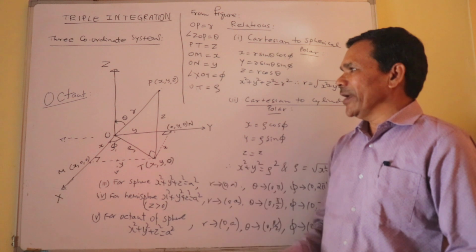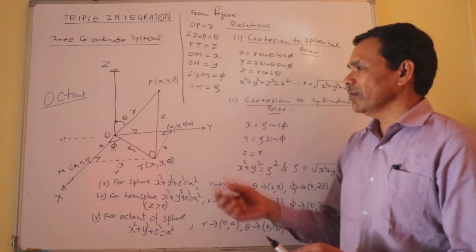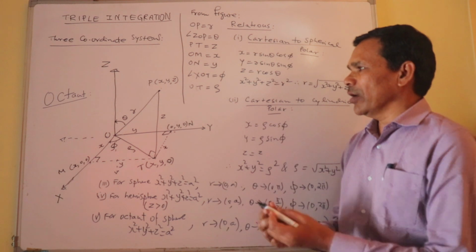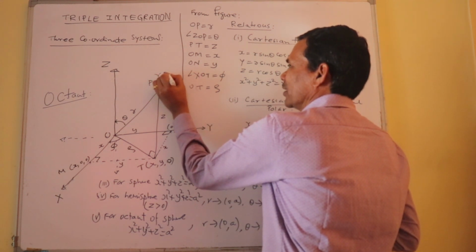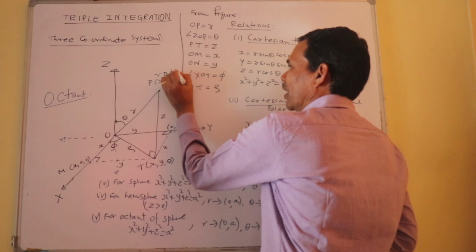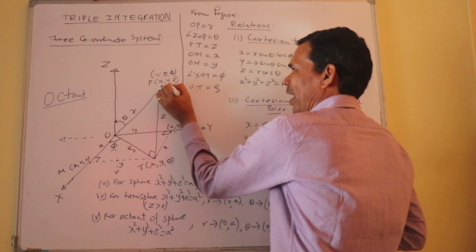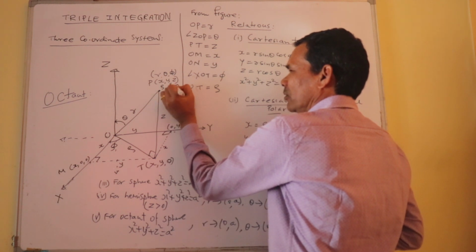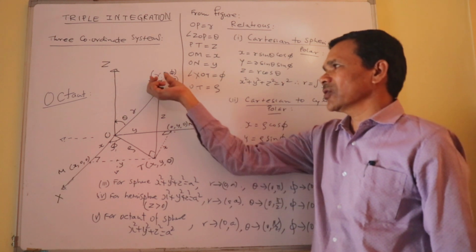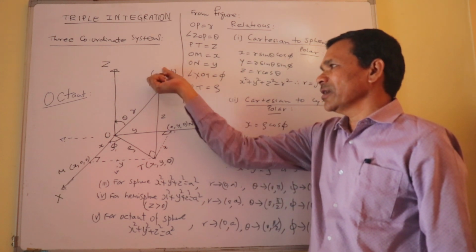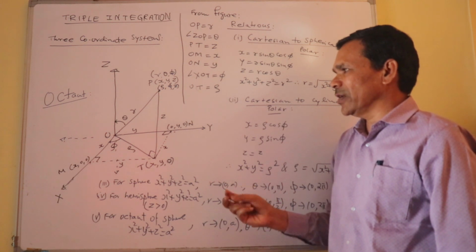So I take some point P(x, y, z) in the three-dimensional coordinate system. These x, y, z are called Cartesian coordinates. Then the corresponding r, theta, and phi are called spherical polar coordinates, and rho, phi, and z with the usual notations are called cylindrical polar coordinates. So these are Cartesian, spherical polar, and cylindrical polar coordinates.